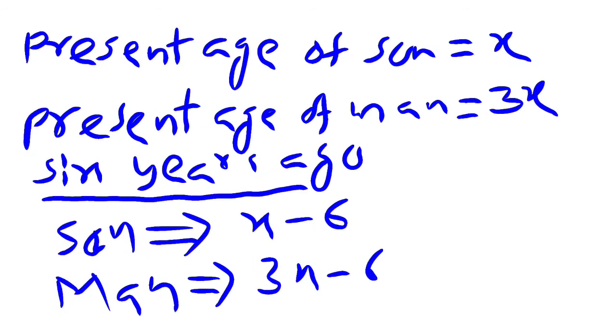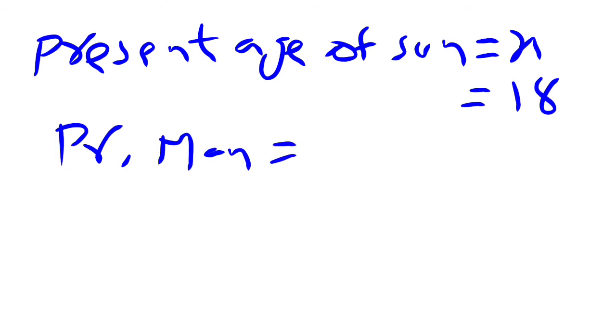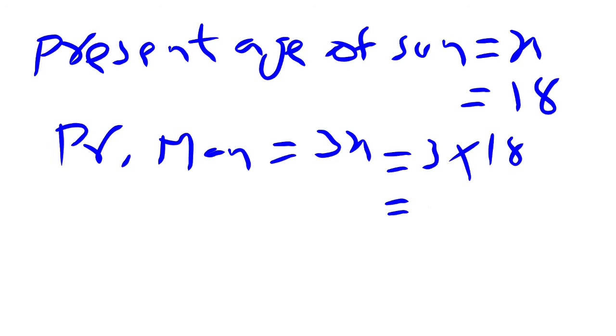So that means the son's age is 18. The present age of the son is x, and x is 18 years, and the present age of the man equals 3x. So 3 into 18 equals 54 years.